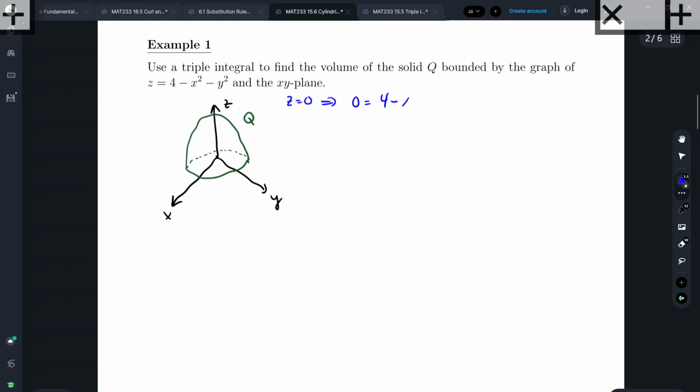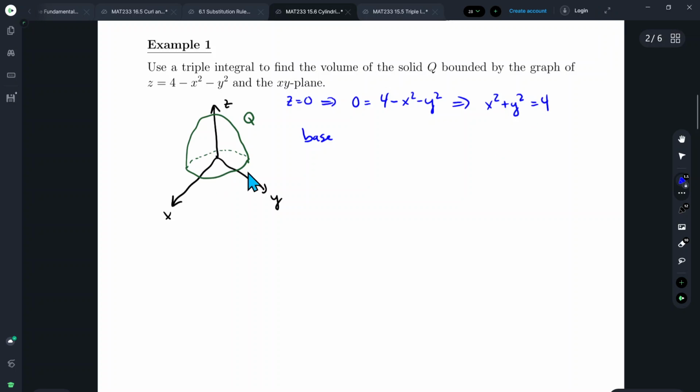So you have 4 minus x squared minus y squared, and rewriting this, we can say that x squared plus y squared is equal to 4. So this circle at the bottom here is basically just a circle of radius 2. The base is this circle plus the entire disk, so we should write it as x squared plus y squared is less than or equal to 4.